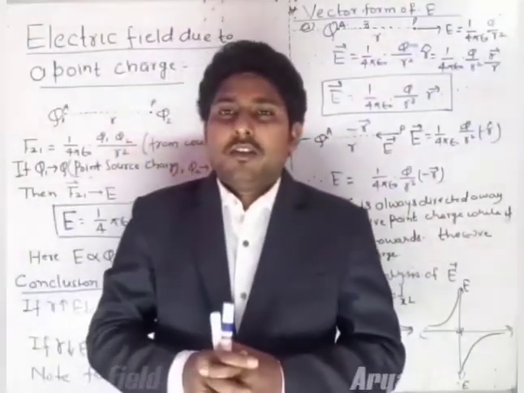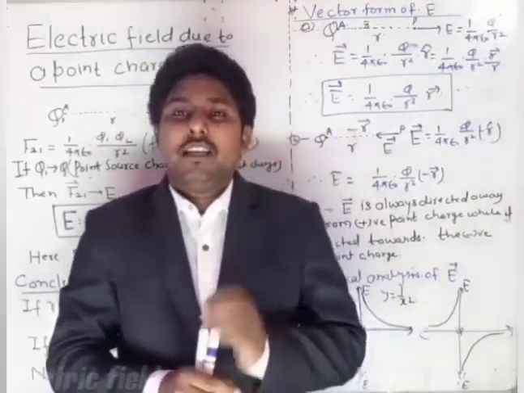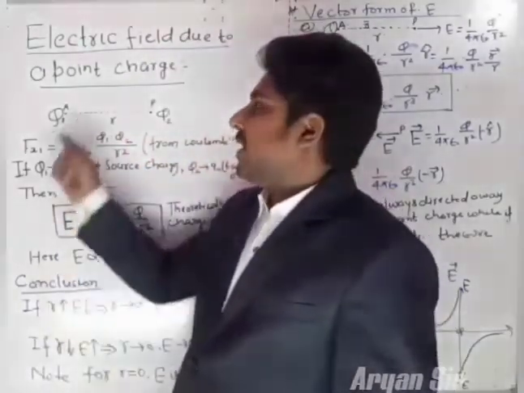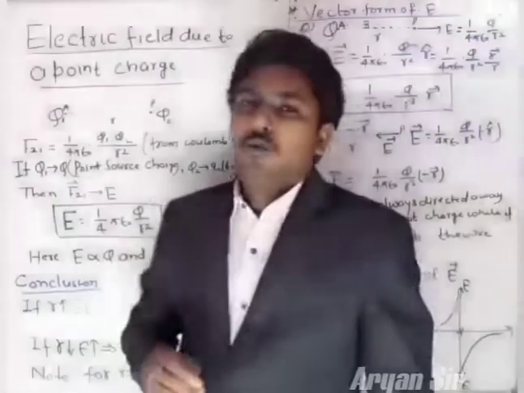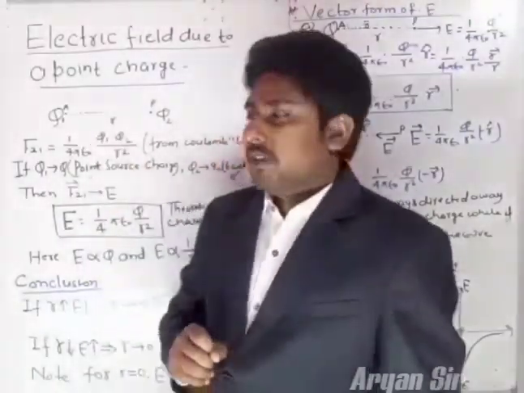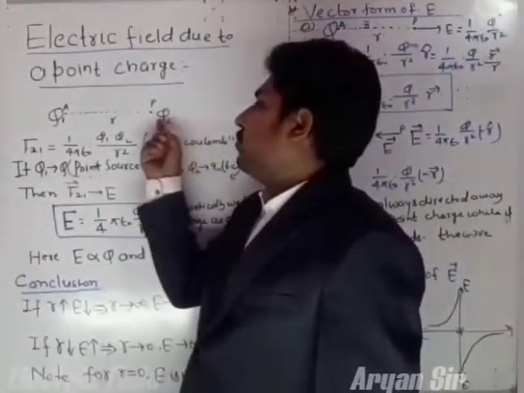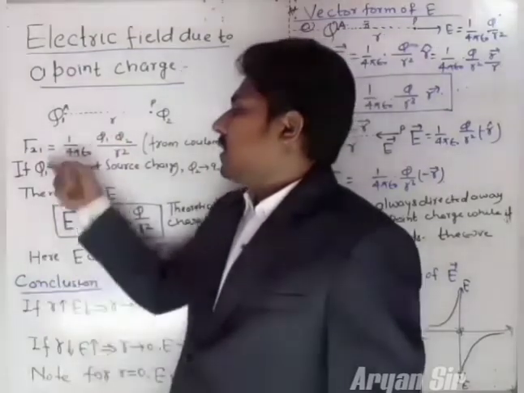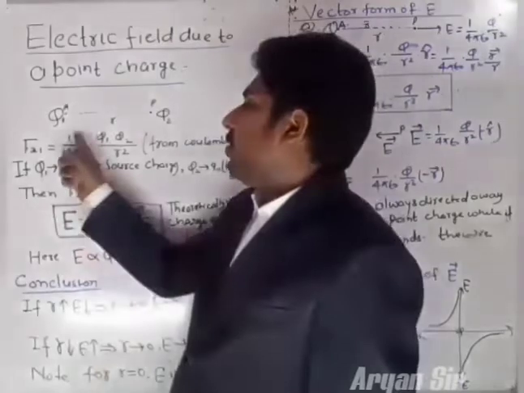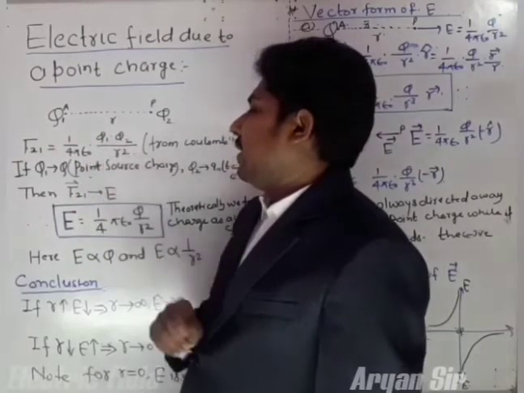Now I wish to find the electric field due to a point charge. Let us consider two point charges q1 and q2 placed at a separation r. If I find the force experienced by q2 due to q1, it can be written as F21, and it will be 1 by 4 pi epsilon naught, q1 into q2 by r square.